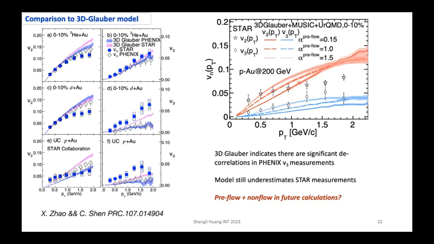And we also know this pre-flow could be different for different systems. So I think in the future, we would like to compare to the calculation for d+Au and helium-3 to make sure the pre-flow makes the new calculation more consistent with the STAR results.